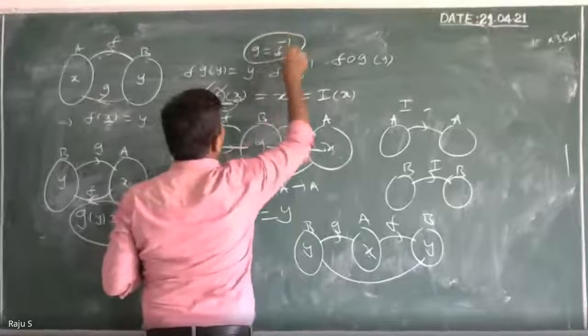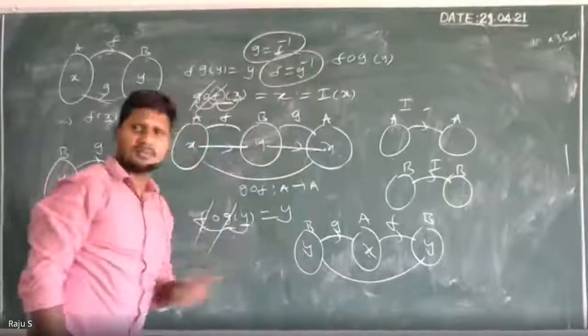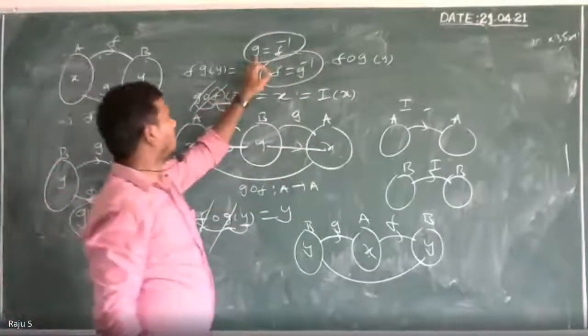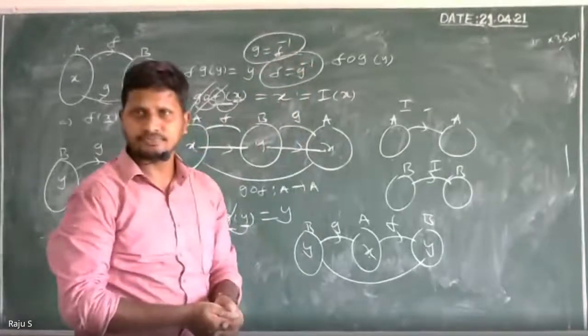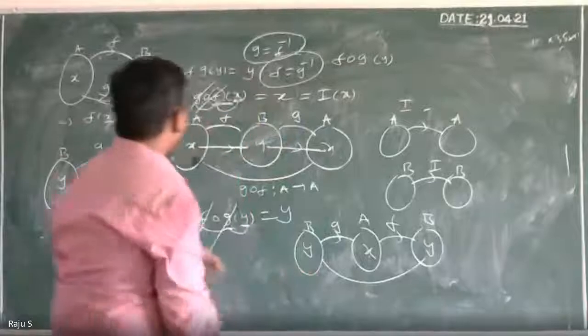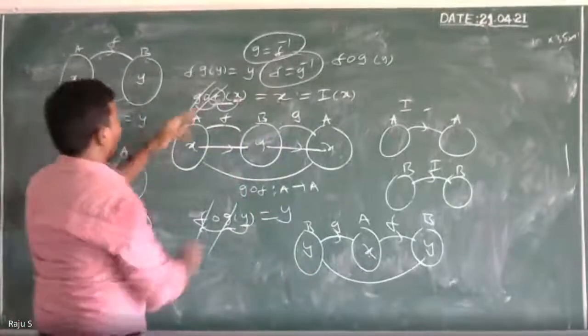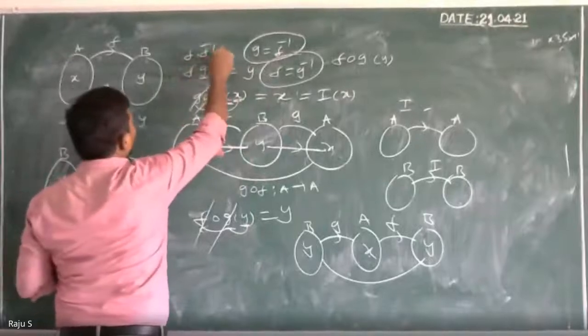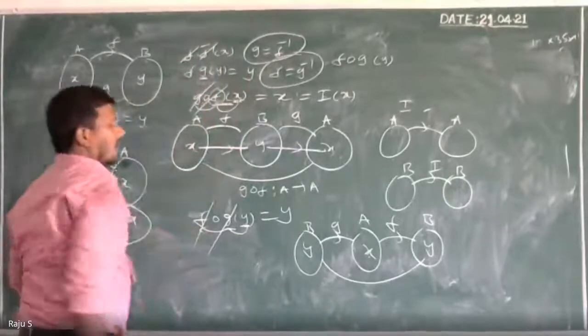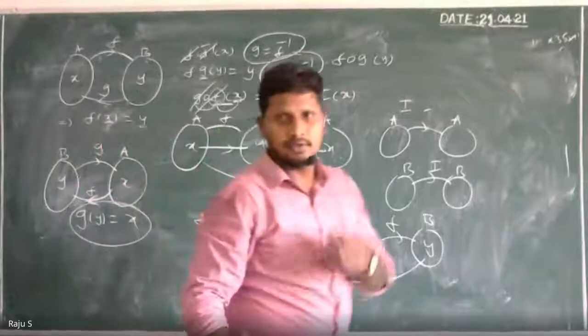Any one of the ways you can represent. So g is the inverse of f and f is the inverse of g. And in case you write, what will happen? Substitute the g value here. So f of f inverse of x gets cancelled, again that is equal to x.